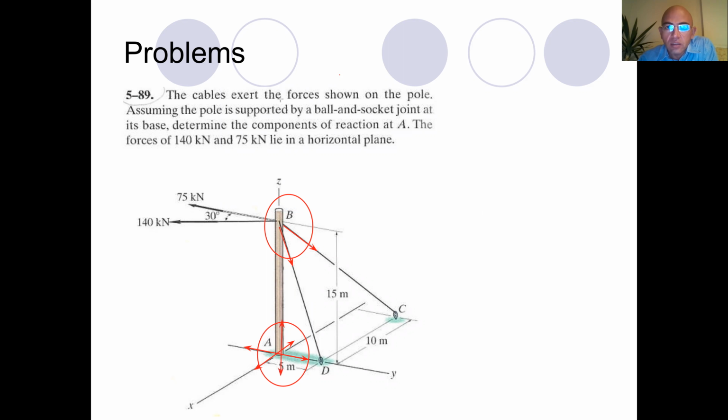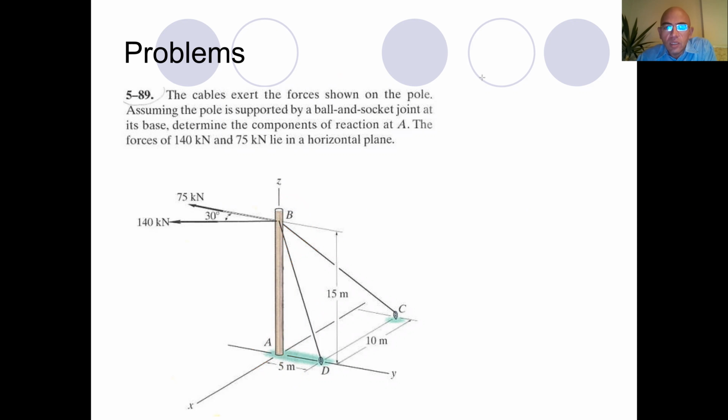In fact, this results in a three-dimensional reaction force which has an arbitrary direction. So this reaction force at point A will have X, Y, and Z components.